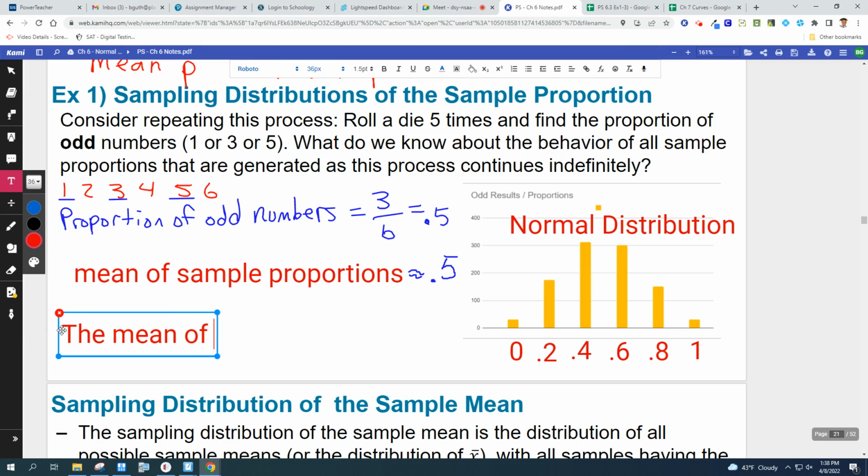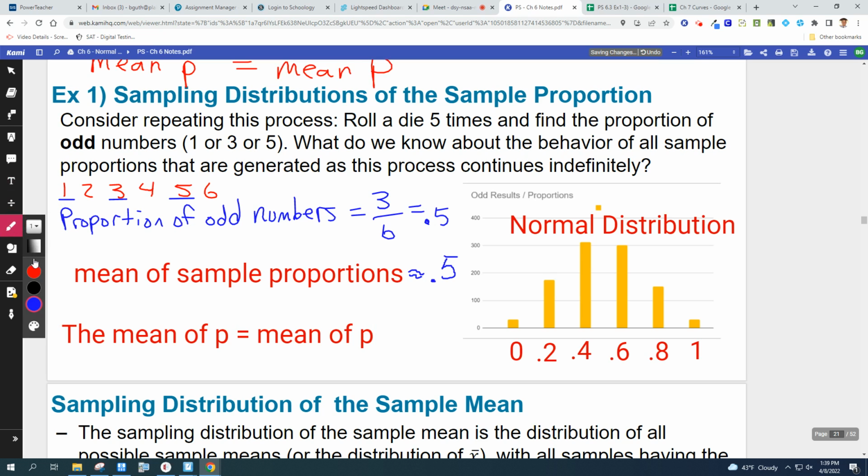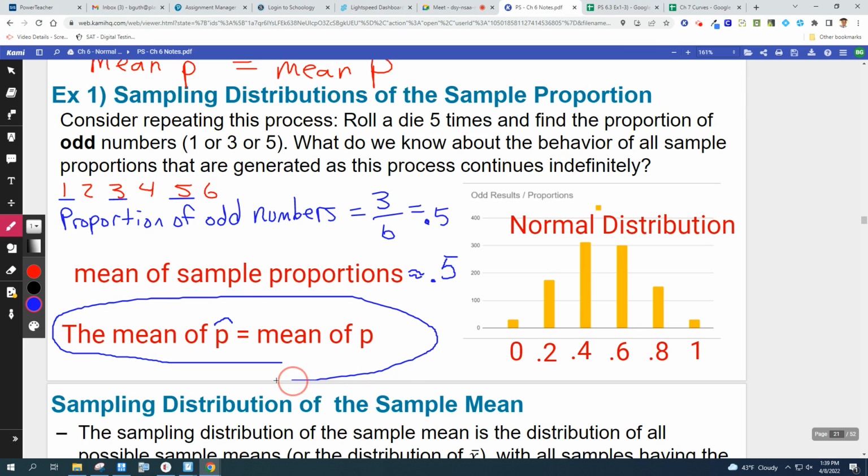The mean of P, I'm going to put a hat over that, equals mean of P. The mean of P hat, or the mean of the sample proportions, equals the overall mean of the P. That's kind of our takeaway.